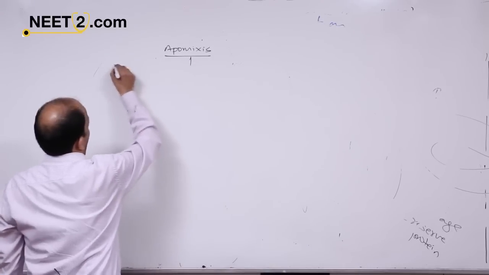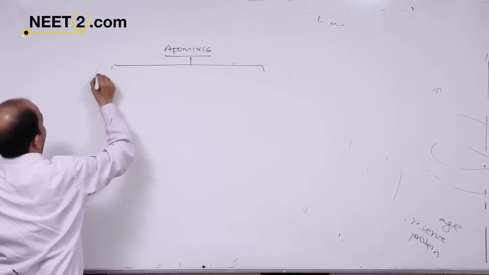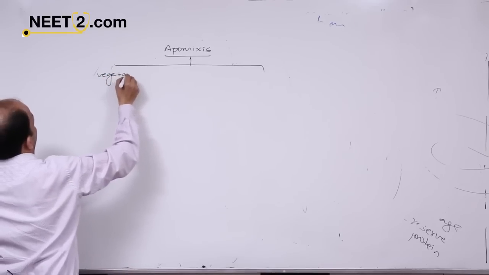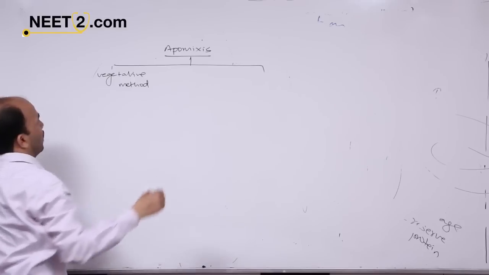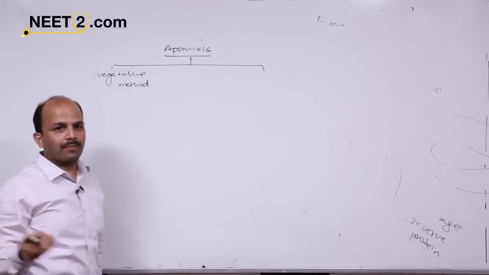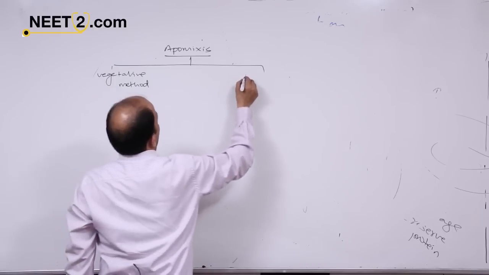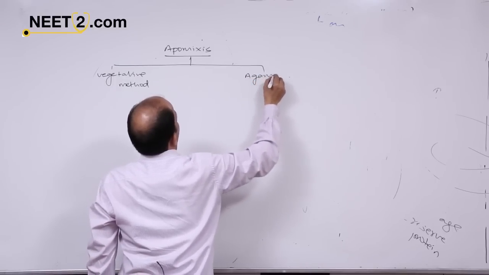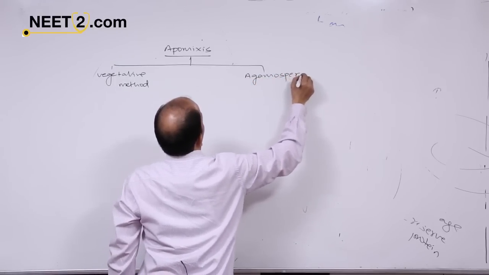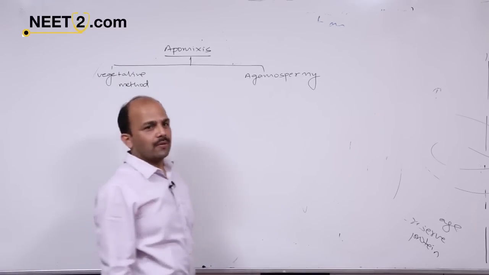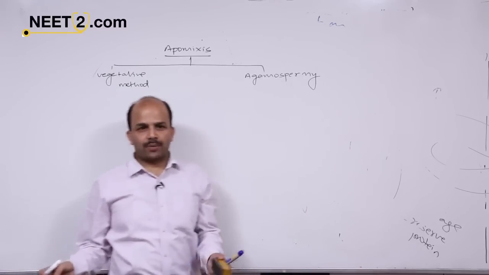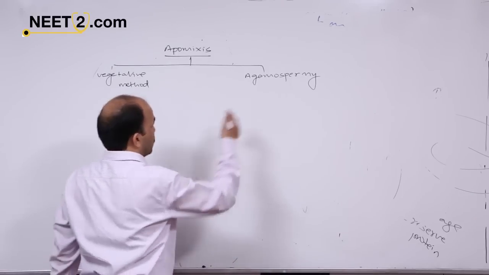Now asexual reproduction can occur by vegetative method, where the reproductive unit will be the root, stem or leaf having bud, or it can occur by agamospermy. Agamospermy means, spermus means seed. Seed formation without gametic fusion.